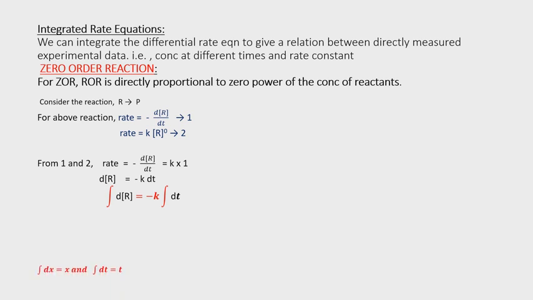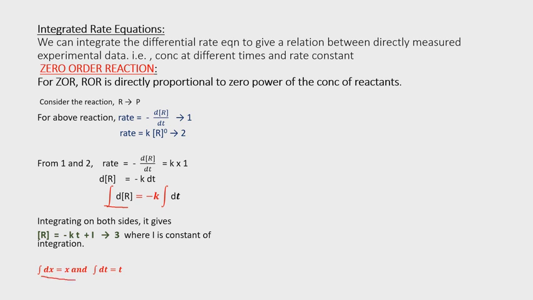So this is the formula for integration. Integral dx, don't look at all of you. Integral dx gives x and integral dt gives t. So by using those formulae, we are solving this expression now. So integrating on both sides, it gives integral dr, integral dx.